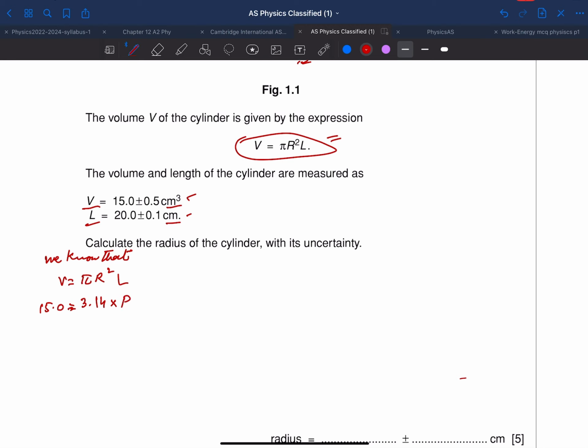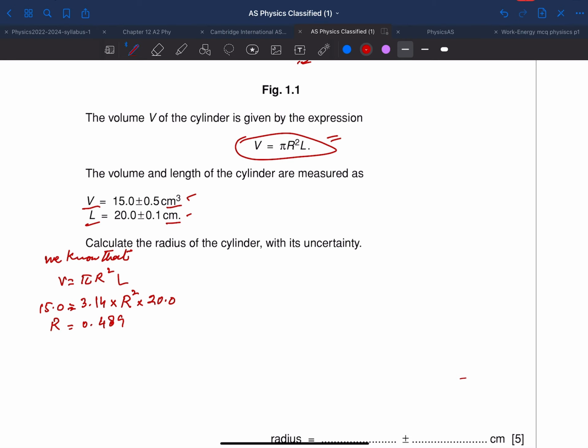R square, you are actually going to calculate R, so I'm just writing R square, and then length is given as 20.0. The calculation of this R simply will give you the value of 0.489. So this is the first step, where you have calculated the value of R, the quantity for which you are going to calculate the uncertainty as well.